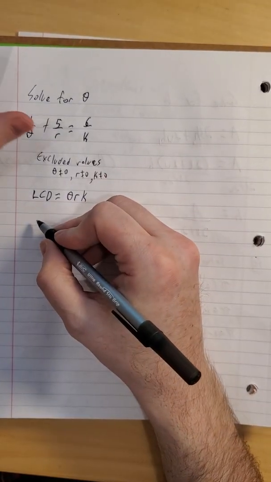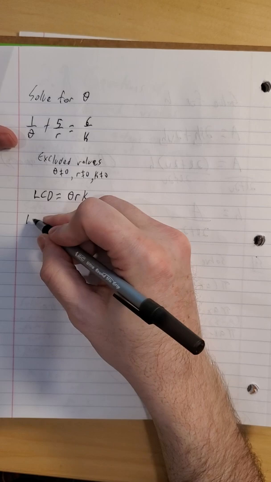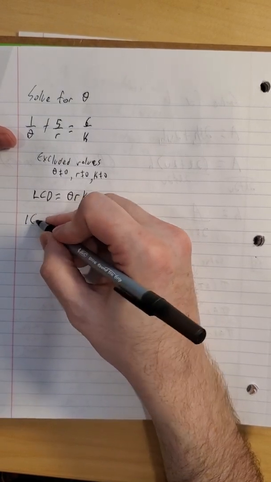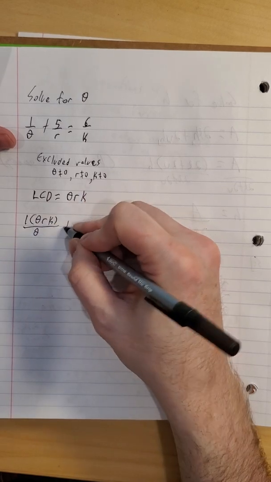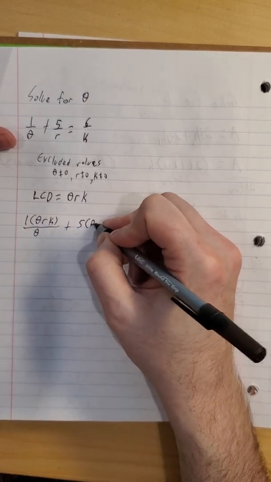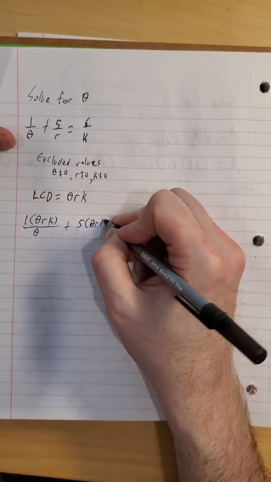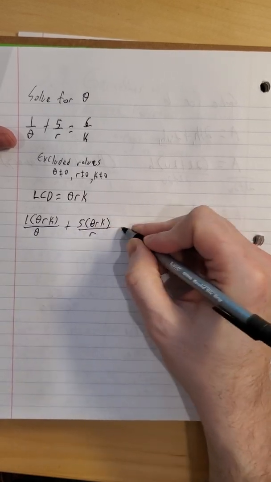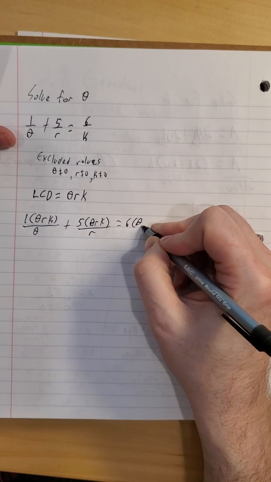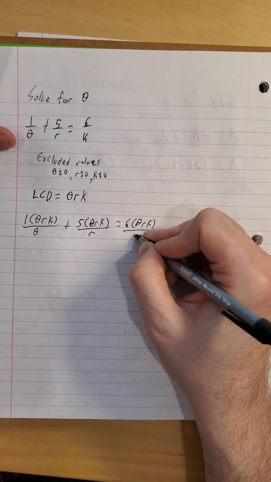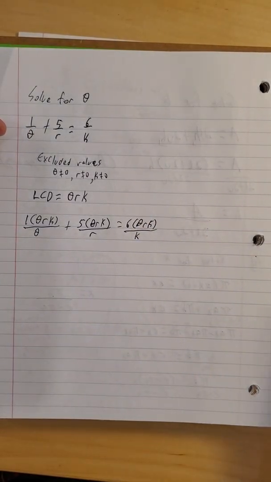So each term gets multiplied by the LCD. So we have 1 multiplied by theta rk over theta, plus 5 multiplied by theta rk divided by r, and 6 also gets multiplied by theta rk, and that one was over k.